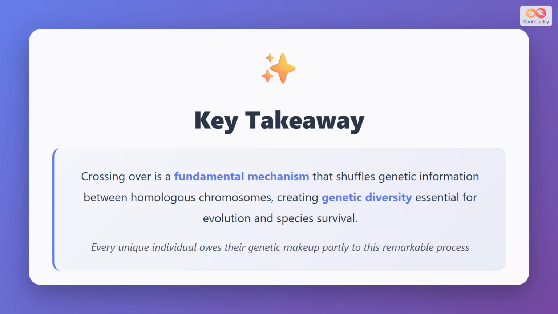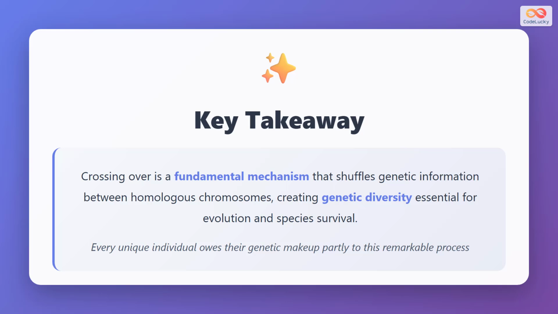To summarize, crossing over is a fundamental mechanism that shuffles genetic information between homologous chromosomes during meiosis. This process creates genetic diversity that is essential for evolution and species survival. Without crossing over, offspring would only have the combinations of alleles present in their parents' chromosomes, severely limiting genetic variation.